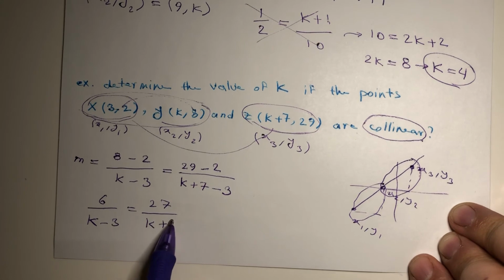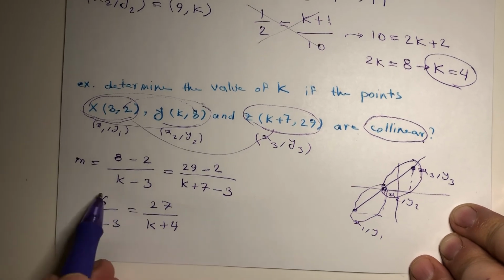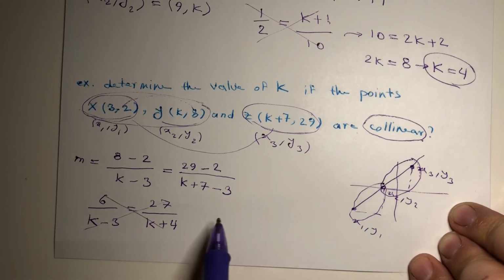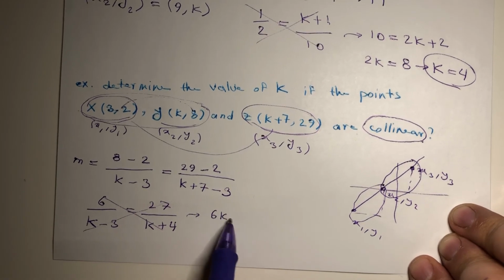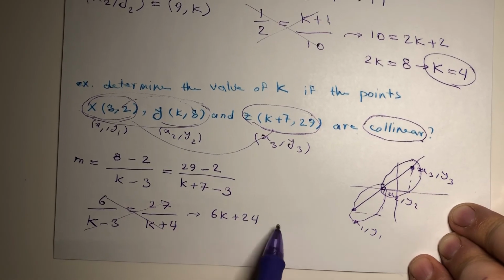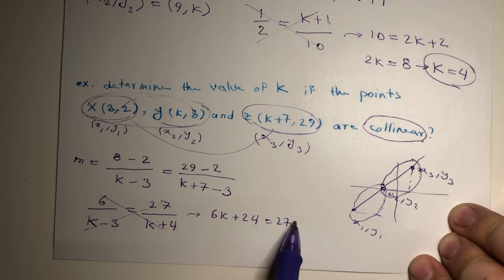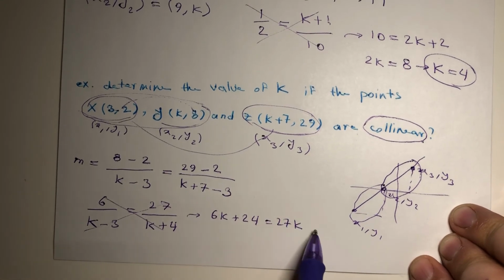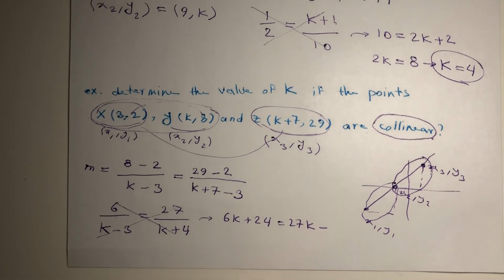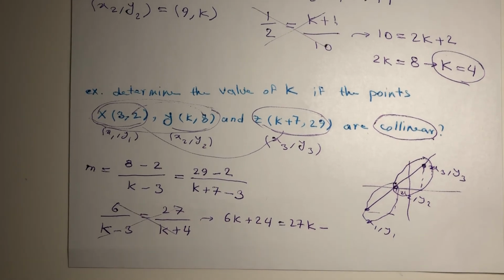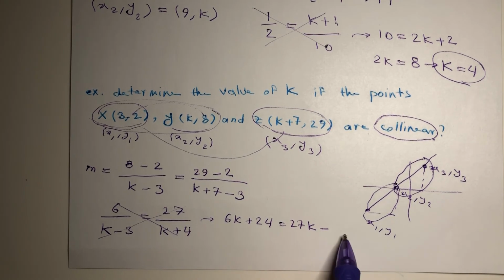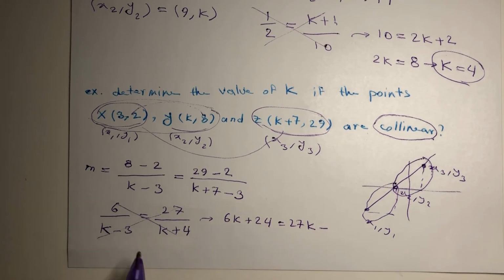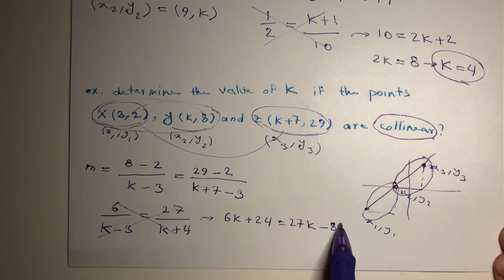Okay, then we have 8 minus 2 is 6 over k minus 3 equals 29 minus 2 is 27 over k plus 4. Then we do a cross multiplication, right? We have 6k plus 24 equals 27k minus 3 times 27, which is 81.